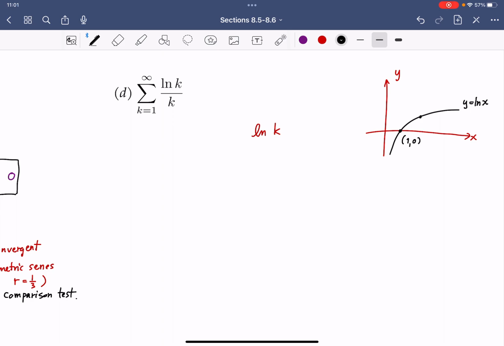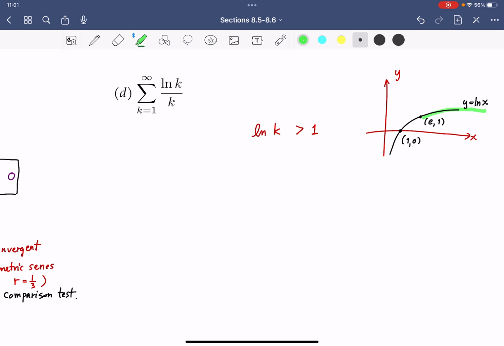And when x equals e, y equals 1. Would you agree? When x equals e, y equals 1. Can we say that log k is bigger than 1? You can, when x is bigger than e. If x is bigger than e, log k is going to be bigger than 1.